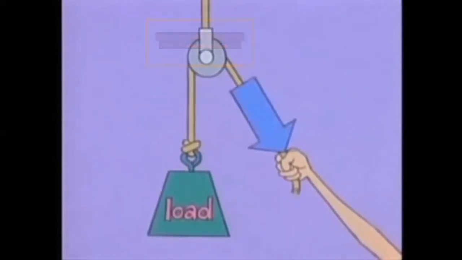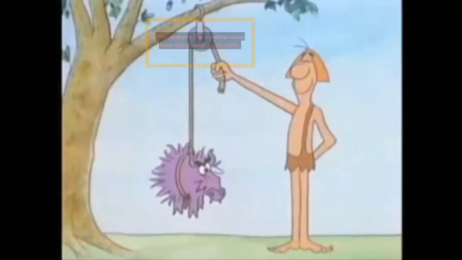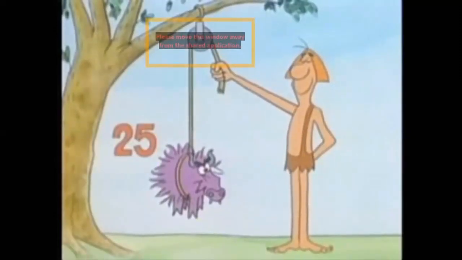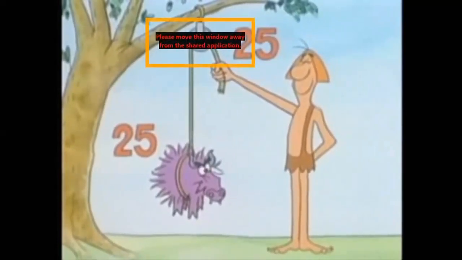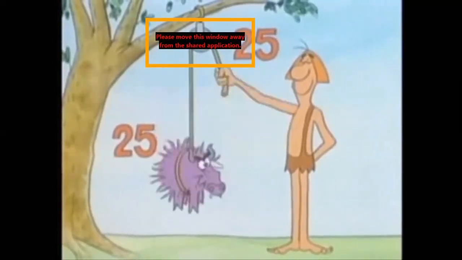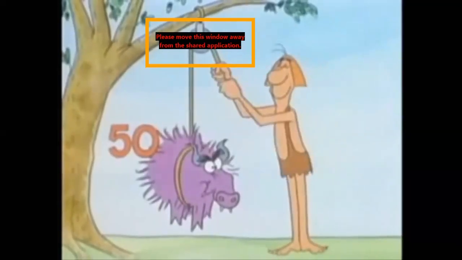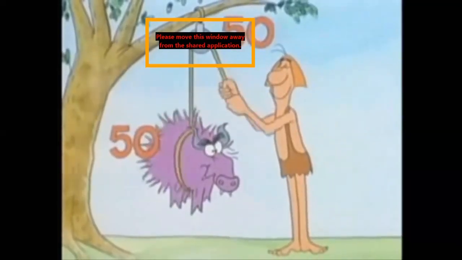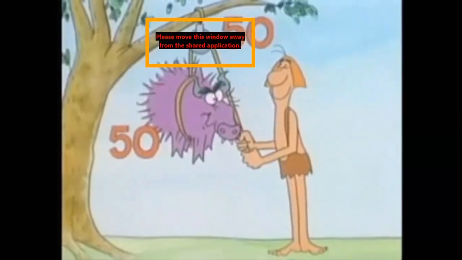The amount of force you apply is the same as the force that acts on the load. If the load weighs 25 pounds, then you have to pull down with a force of 25 pounds in order to lift it. And if it weighs 50 pounds, you have to pull down with 50 pounds of force, the same amount of force you'd need to lift the load without the pulley.